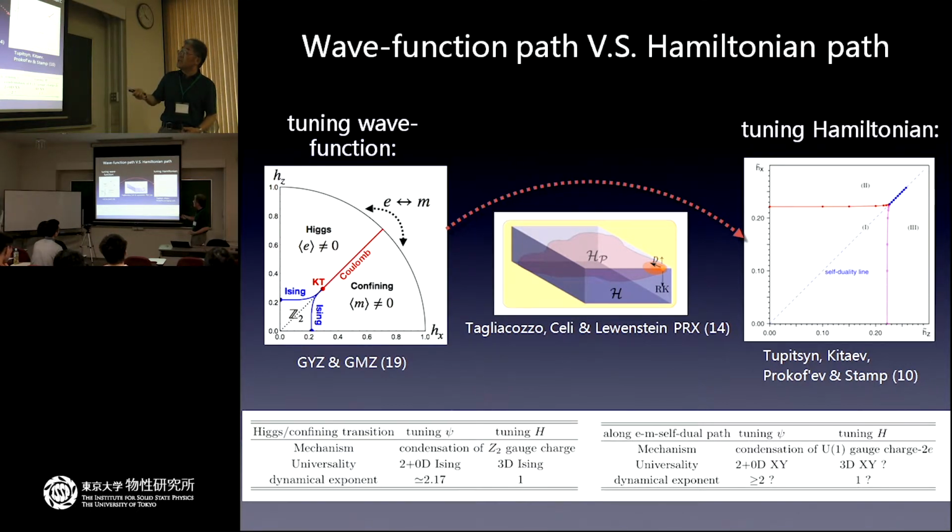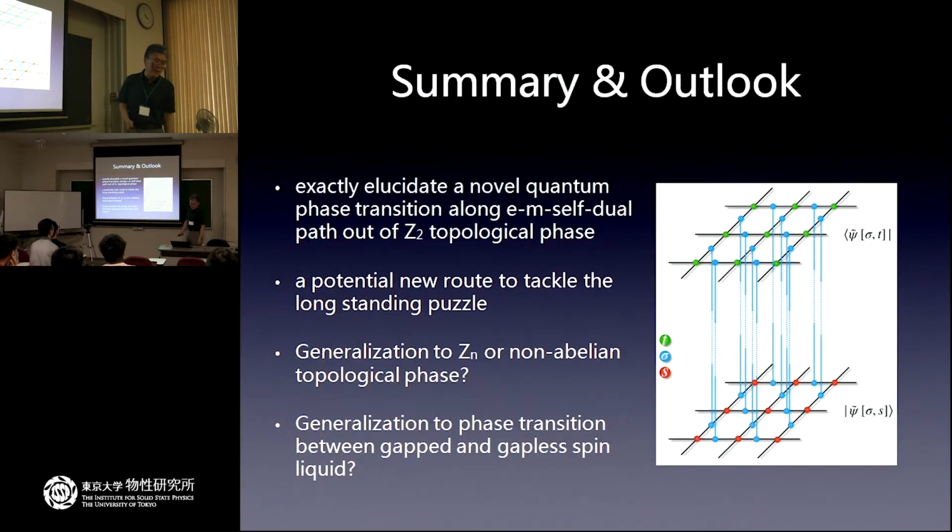This 2D phase diagram is just a corner of this wave function physical space. And when we expand the bond dimension, we can recover this three-dimensional phase transition. Sorry, I used too much time.